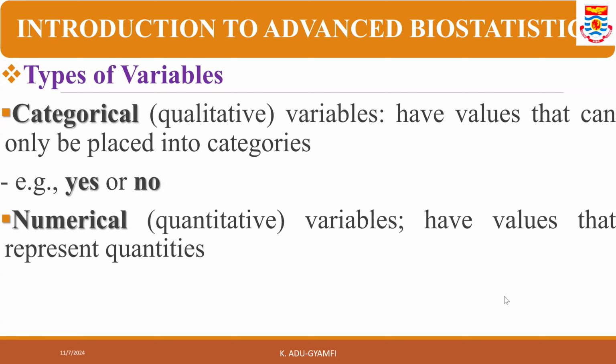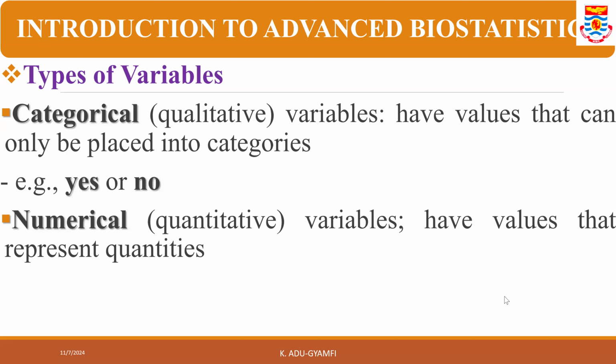Like my colleague earlier stated, these are characteristics that can be measured and expressed in numbers, or measurable quantities that represent specific amounts. We have the two types: the discrete, which is countable and can take a finite number of values, often whole numbers. Examples are the number of patients at a particular ward, number of vaccinations administered, number of hospital visits, number of medications given, number of needle pricks within a particular month.